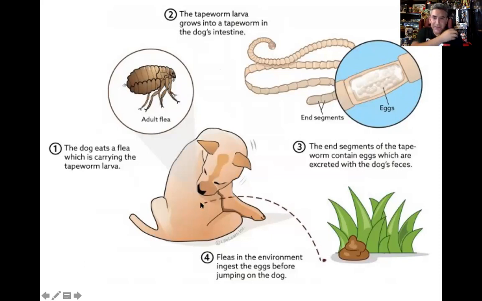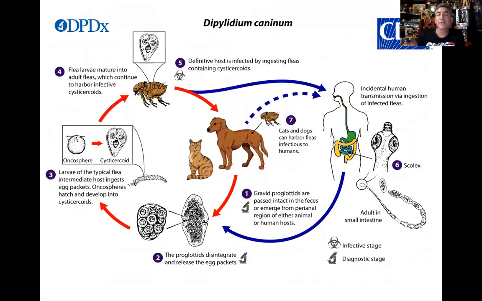The dog nips and tries to catch the flea. If the dog is able to nip the flea, ingest the flea, then now the eggs inside the flea's body basically transfer the parasite into the dog's digestive tract, and then eventually into the intestines, and then that cycle continues again. So we have the food source, we have the fleas, and again, now we can bring in humans into the system.